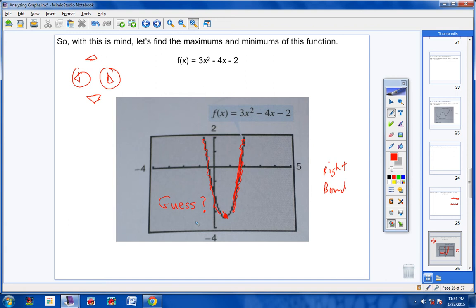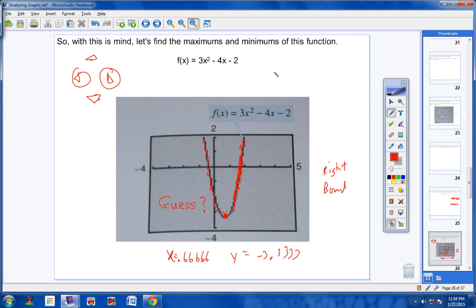And when you do, this should appear at the bottom of the screen. X should say 0.66666, and y equals -3.3333. Now students, when you have repeating decimals like that, it's really safe to assume what you really have is this.